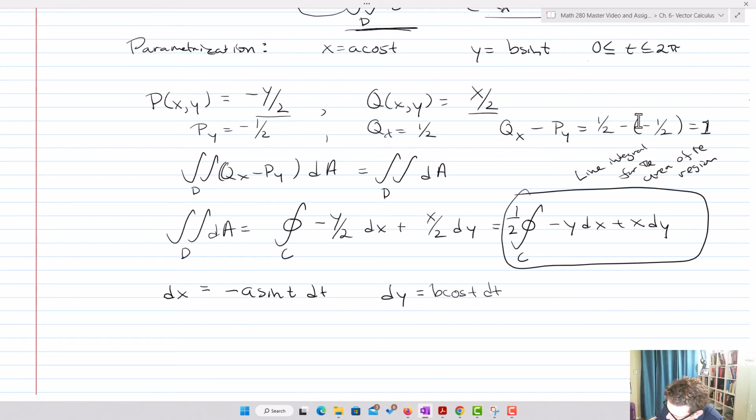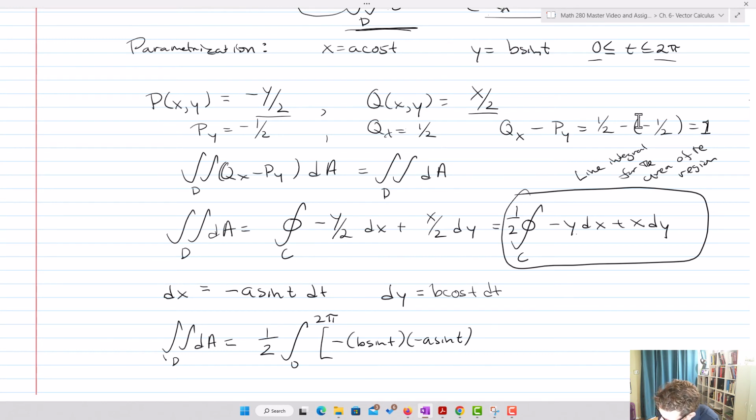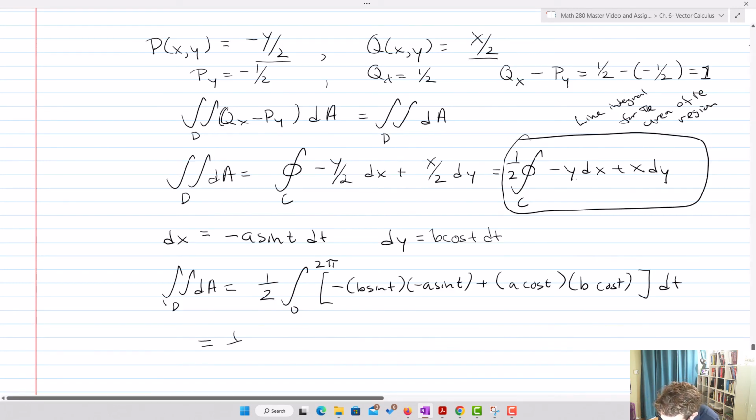We are going to be, of course, integrating over 0 to 2 pi, so my new integral, the double integral of dA, that area, is going to equal 1/2 times the integral from 0 to 2 pi of negative y, so negative b sine t times negative a sine t, and we're going to pull the dt at the end, plus a cosine t, b cosine t, all of this dt.